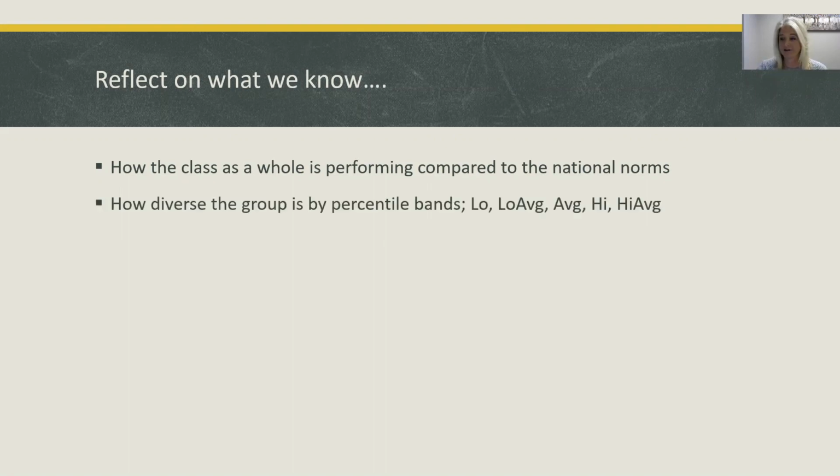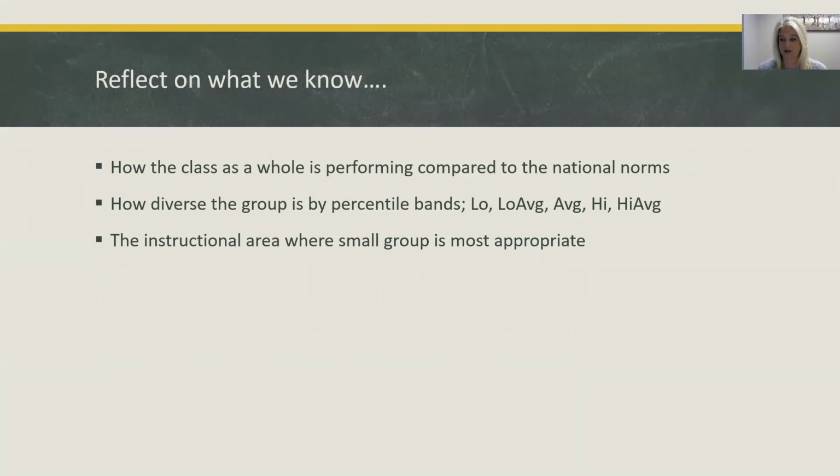And then I want to dig a little deeper, and I want to go, okay, how diverse is my group? Because remember, my average is just going to be how they're performing as a whole. Now I want to dig down a little bit deeper and go, okay, what does that look like in the individual bands? Where do they fall? And I even want to get a little deeper and think about what's the instructional area?